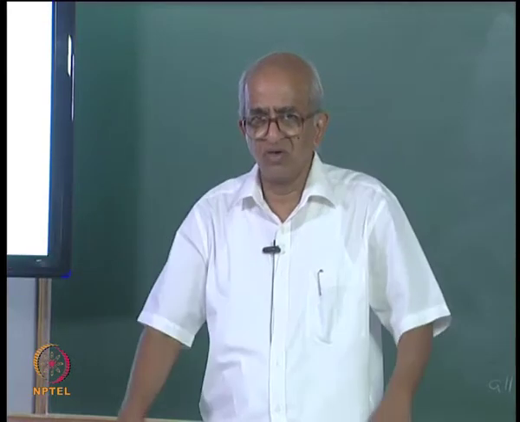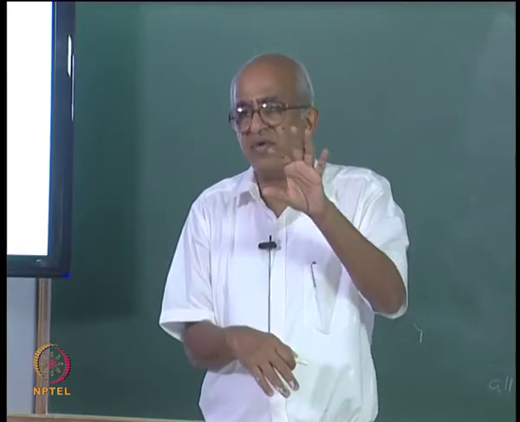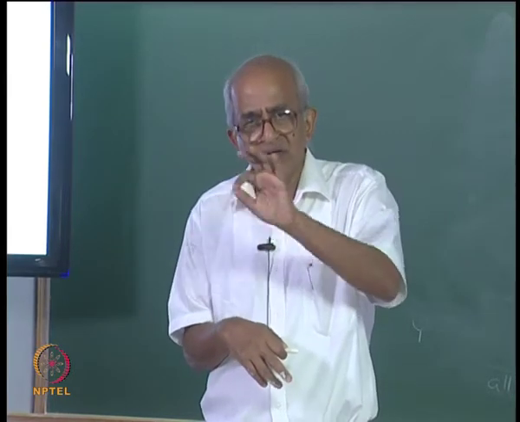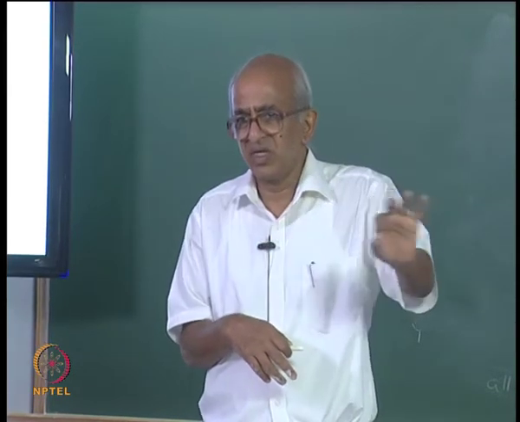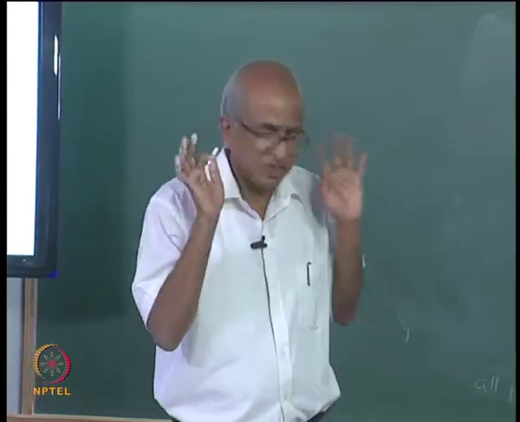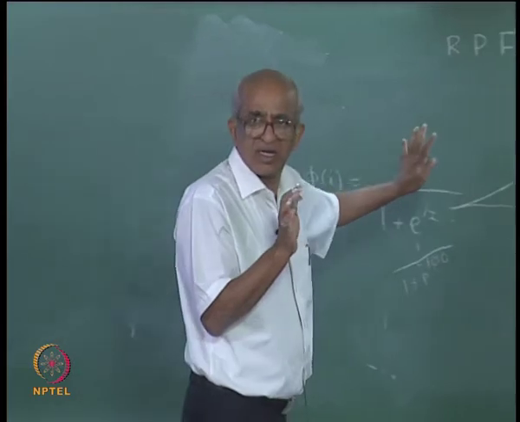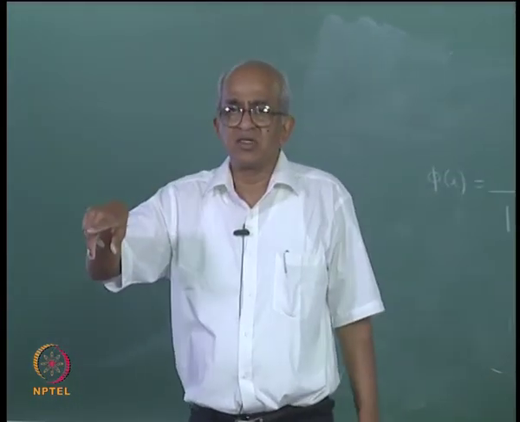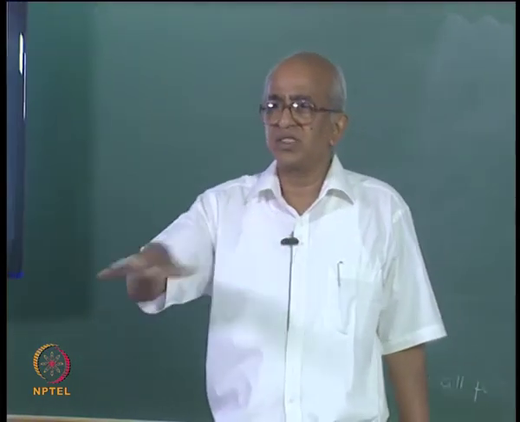In fact, there is no peculiar physical situation which will make the probability change in a discontinuous fashion. Probability always has to vary smoothly and continuously in all physical problems that I know of. So, therefore, what is the way out? You cannot have such a function in which the probability changes in a discontinuous fashion; it is not acceptable.